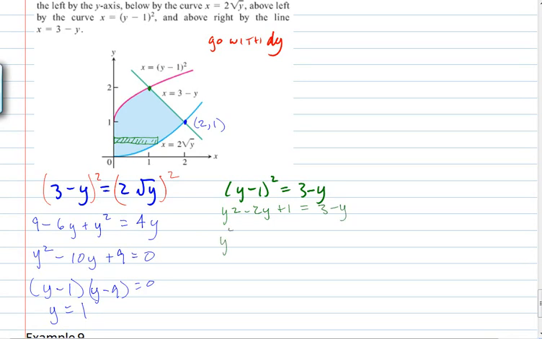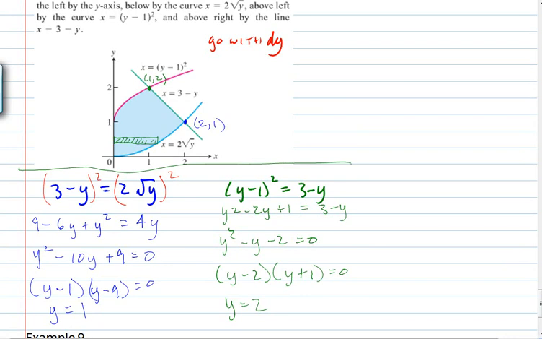This is a quadratic equation, so we set it equal to zero: y squared minus y minus 2 equals 0. So we factor (y minus 2)(y plus 1), and we end up with y equals 2. Right here, it does look like y is equal to 2, so this is going to be the point (1, 2). Once you know y, you can get x. All of this, by the way, was how we find our points of intersection.